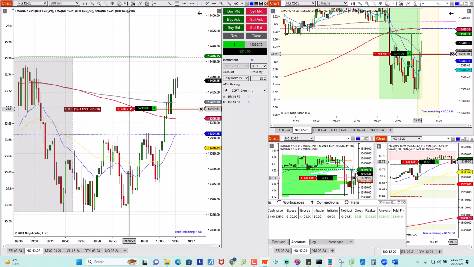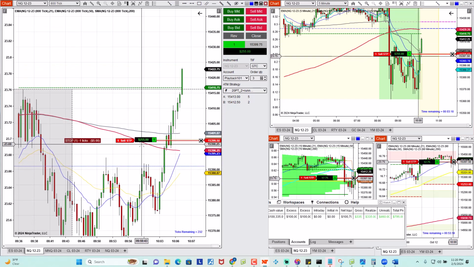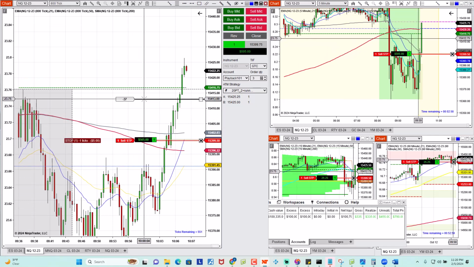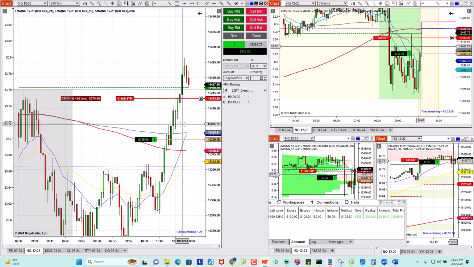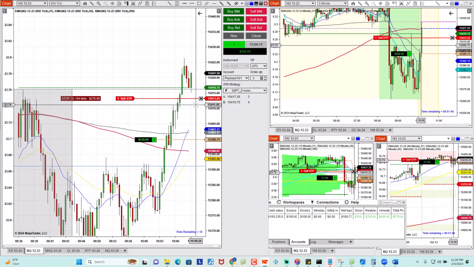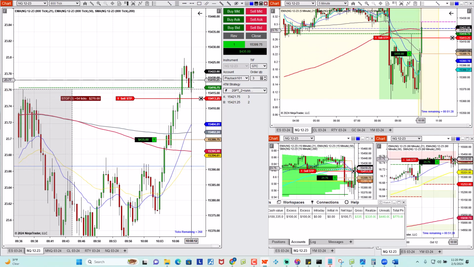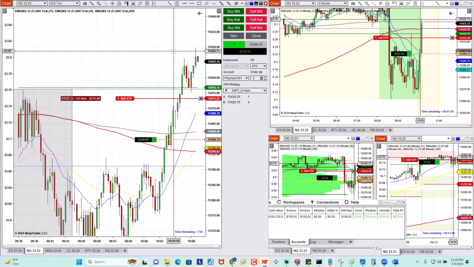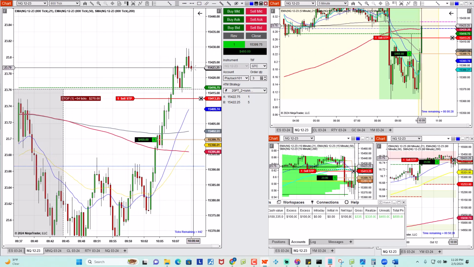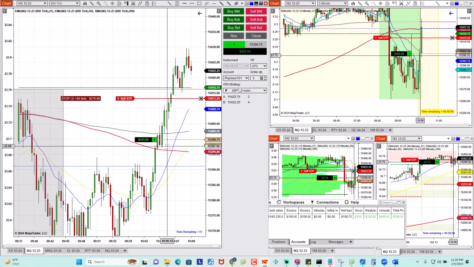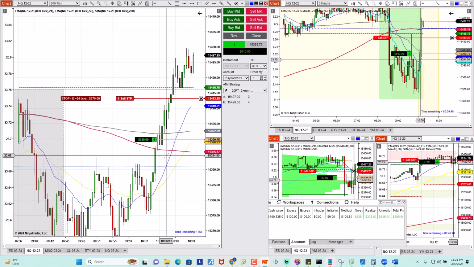What I'm going to do is, as price is moving higher, I'm moving my stop, I'm trailing my stop, because I don't want price to come back all the way down here. I know some of you guys don't like to move your stop. If you are trading with a prop firm with a trailing stop that has a trailing threshold, you can't just take a position and say you're going to keep your stop down here.